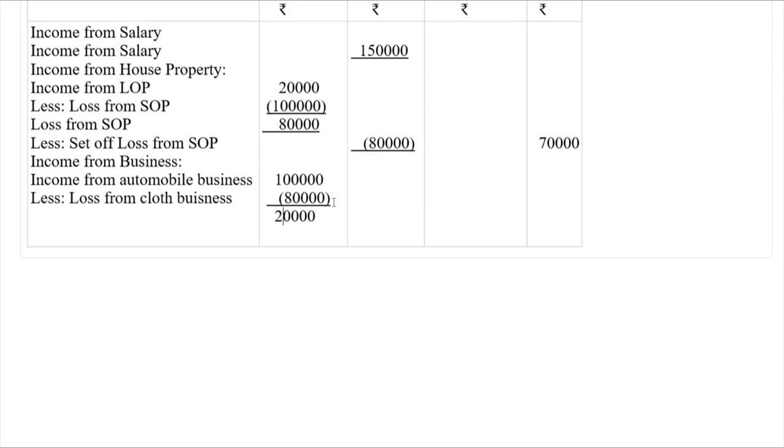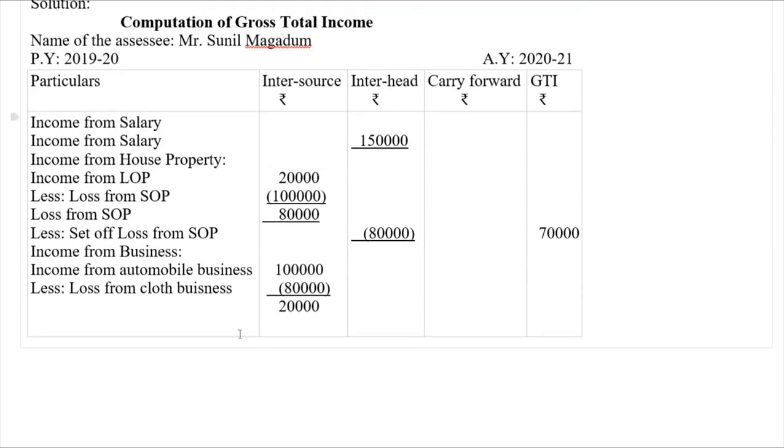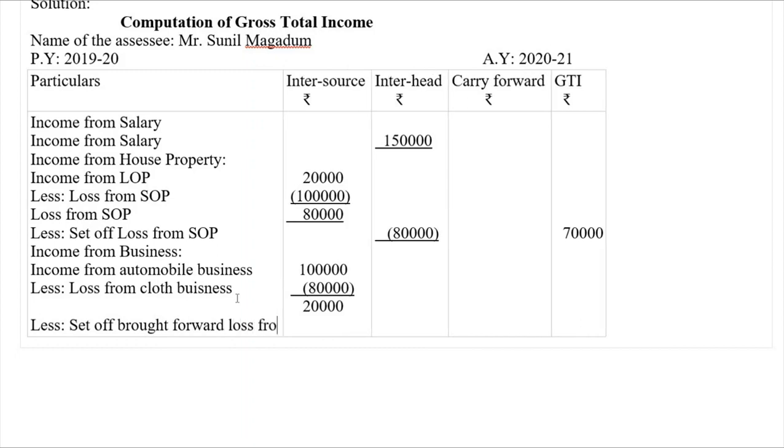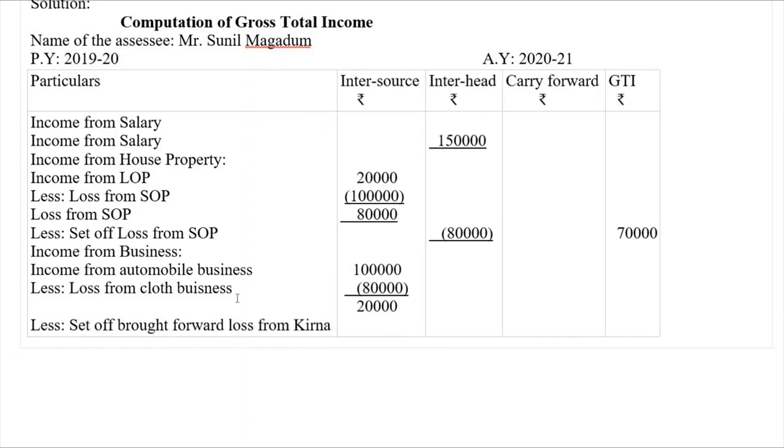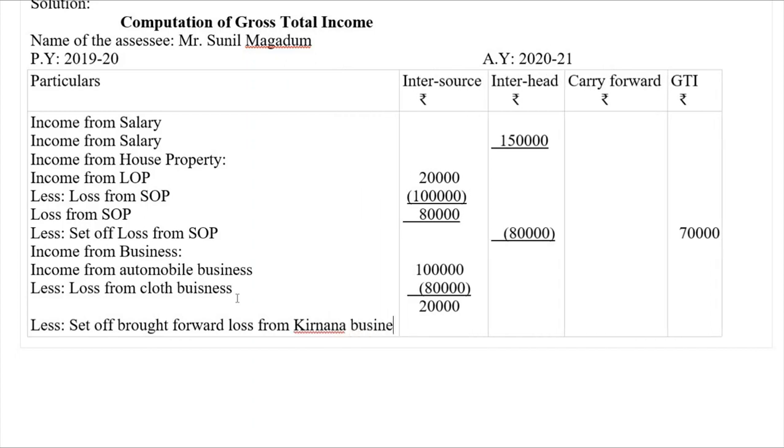So from this 20,000, we can deduct less set off of brought forward loss from Kirana business.